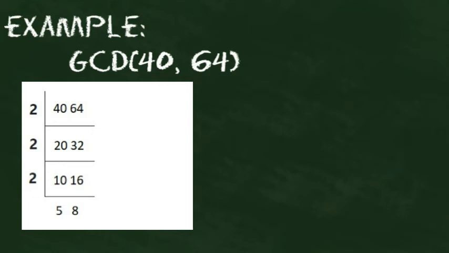Since 5 and 8 have no common prime to divide with, we now multiply all the numbers on the left. The GCD would be 2 times 2 times 2 is equal to 8.